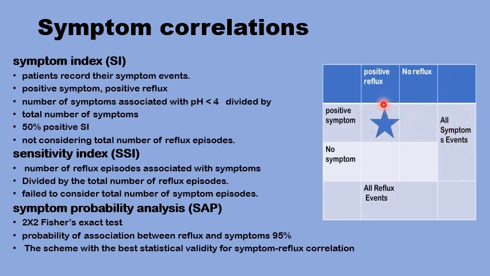And if this ratio is more than 50%, then this is indicative that the patient's symptoms are related to the reflux. The other way of looking at this is to divide this total number of positive symptoms and positive reflux by all the reflux events, including other events of reflux that the patient had not indicated any symptoms.